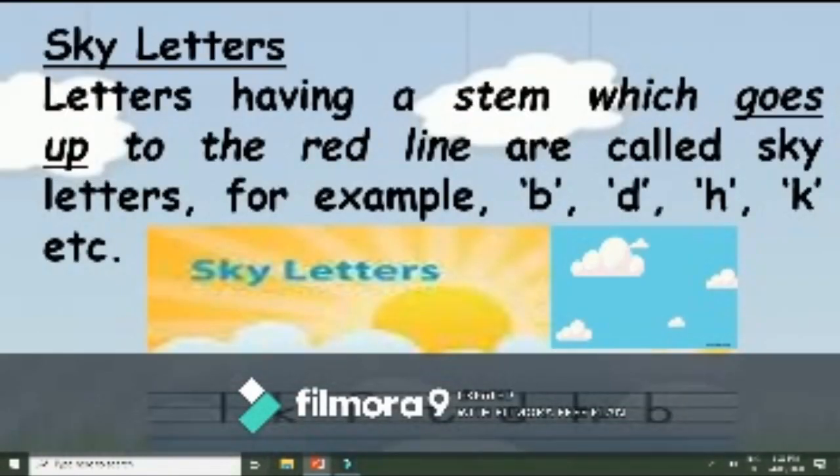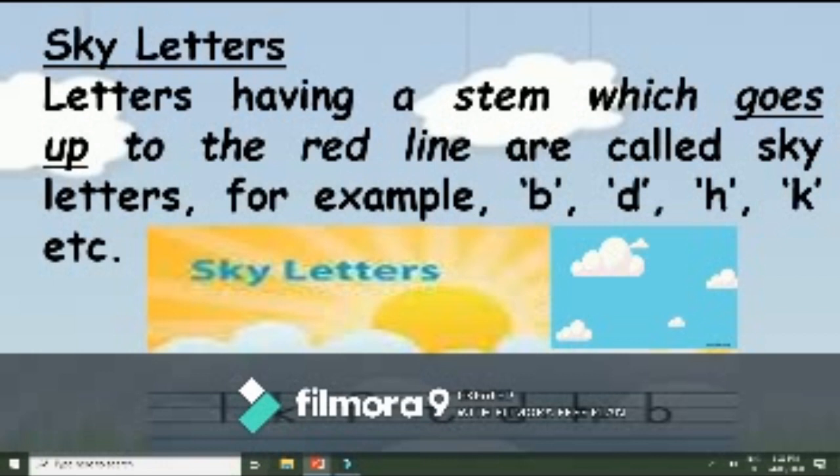We write small letters according to their formation, and they are categorized in 3 categories: sky letters, grass letters and root letters.